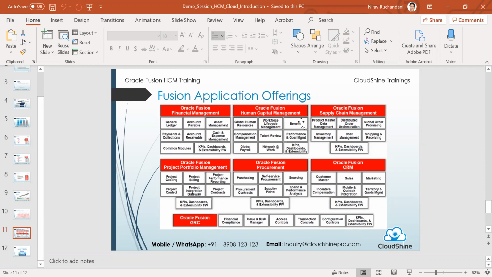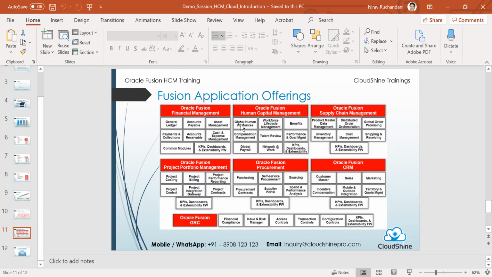So these are the different offerings that Oracle comes up with. Oracle has its own financial software, or as a service offering as well, which has these different modules. We have general ledger, accounts payables, asset management, payments and collections, receivables, cash and expense management, and the common modules as well.